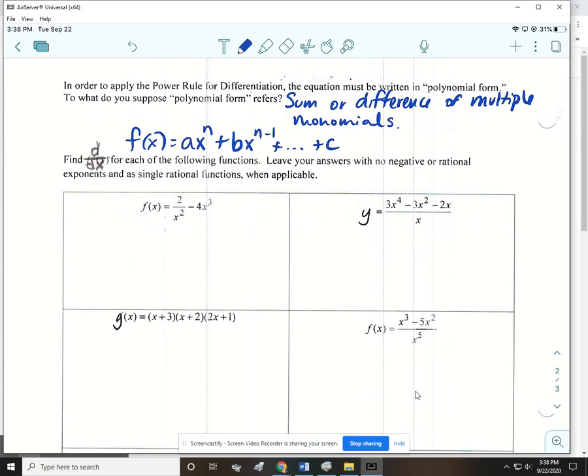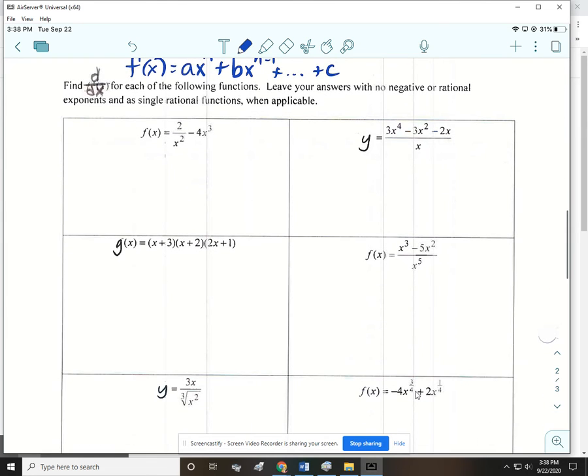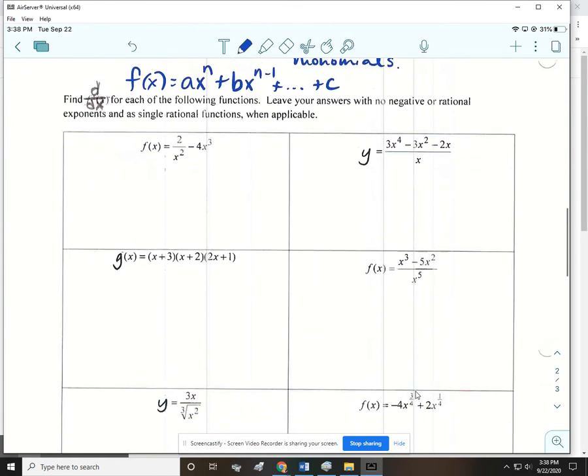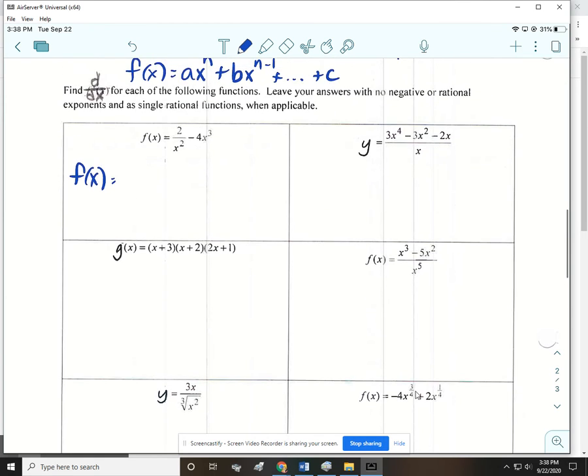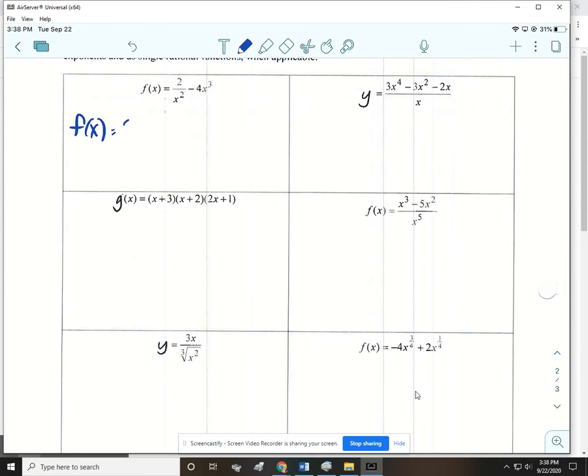But on one like this first example, where we have this x in the denominator, we can't use the shortcut power rule for that one because the x is in the denominator, but we can rewrite the function. So 2 over x squared is the same as 2x to the negative 2.